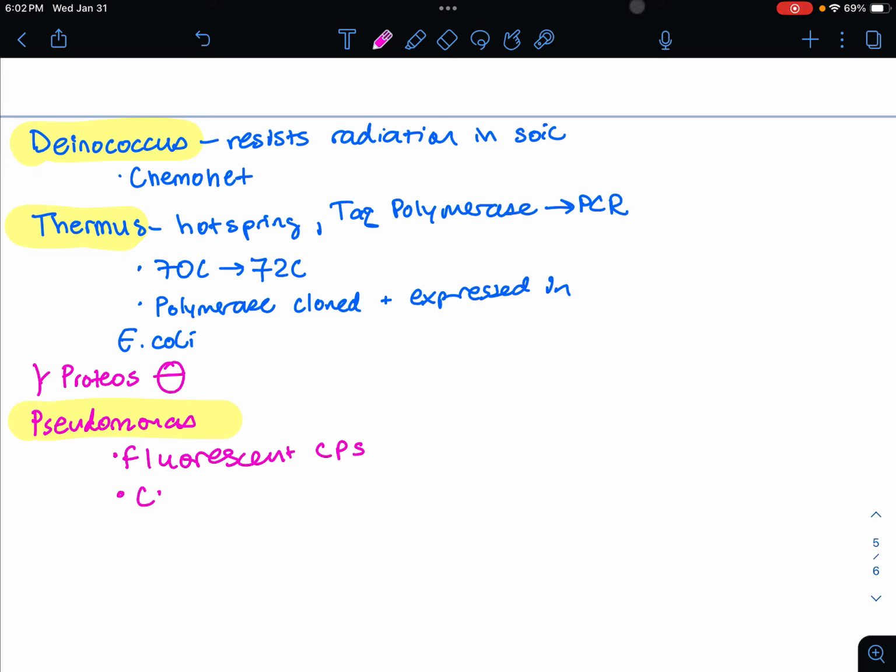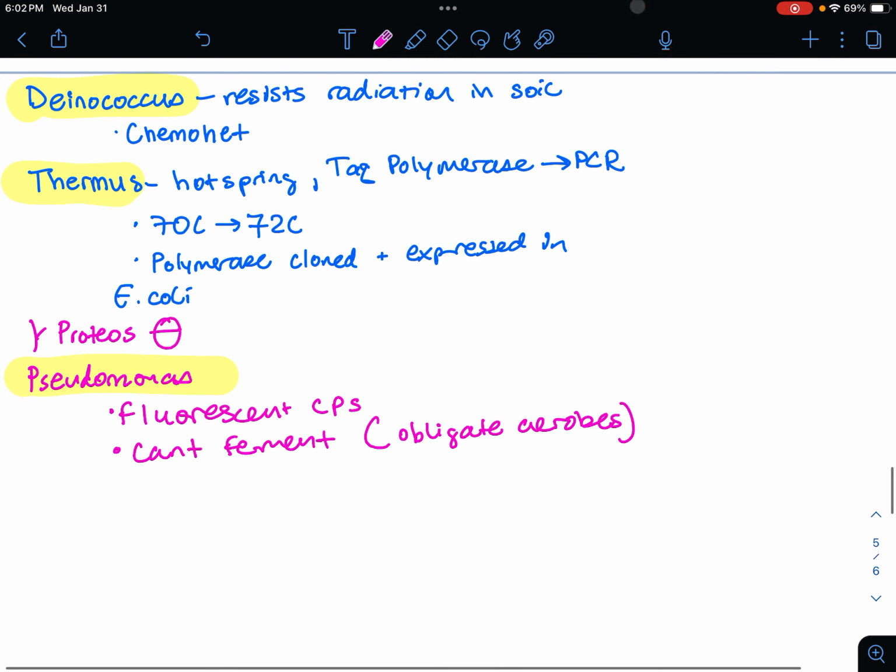And they can't ferment due to them being obligate aerobes. They could use a wide range of organic compounds as energy sources.